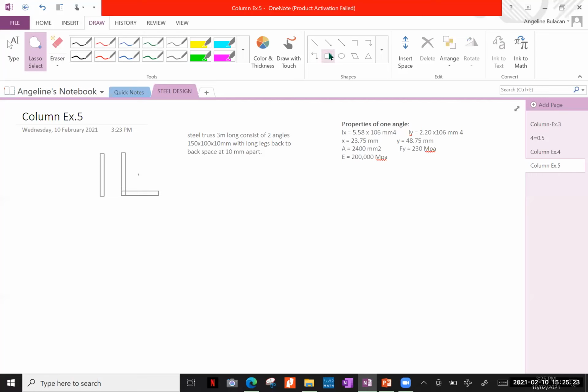Same yung properties ng L, no? So yan, back to back daw sila.